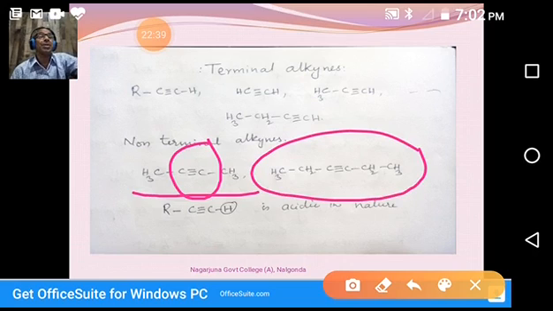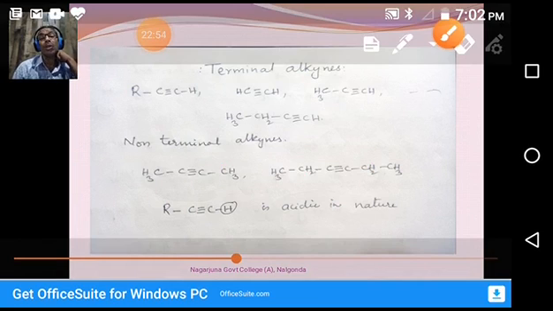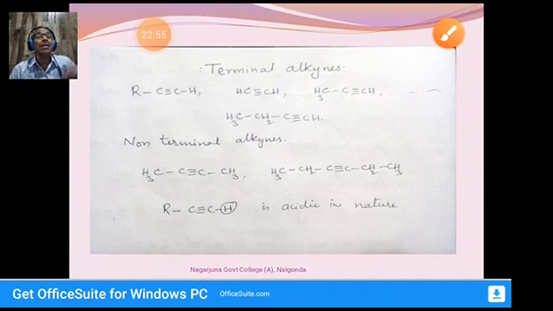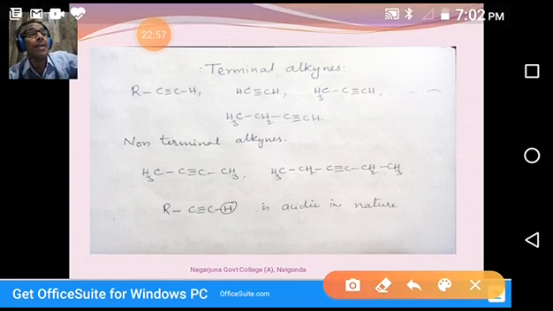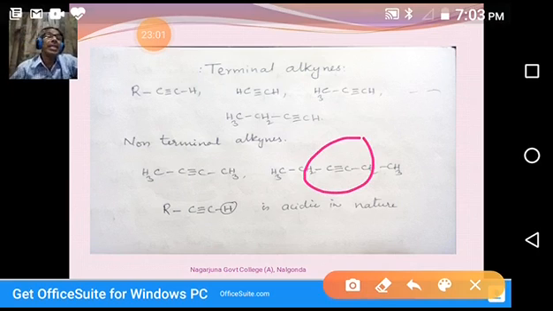Because you see the 1st, 2nd, 3rd carbon, or from here also 1, 2, 3, the 3rd carbon. It is 3-hexyne. 3-hexyne is also an example of non-terminal. Why? Because the triple bonded carbons don't have any hydrogen. That's why it is classified as a non-terminal alkyne.